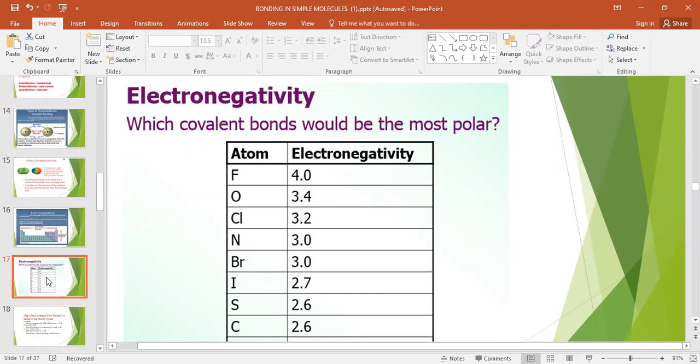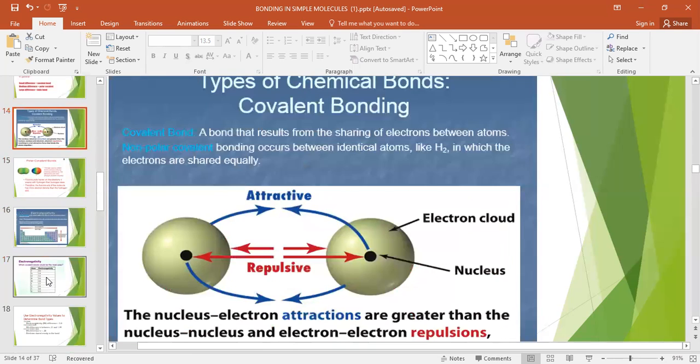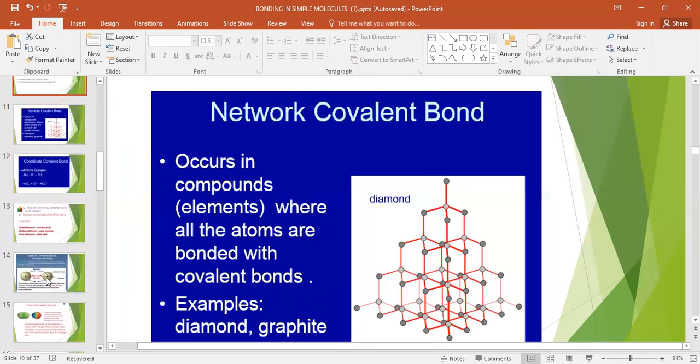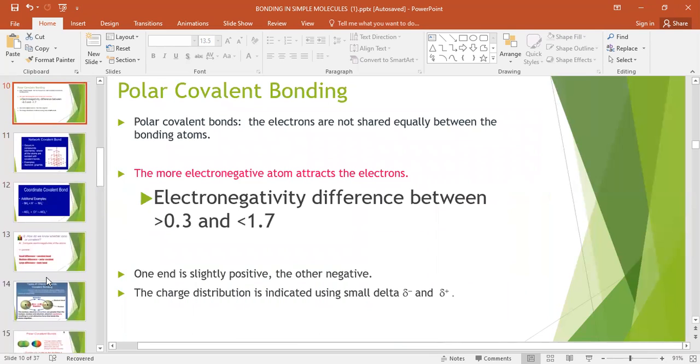So you have to write like this: 3.2 minus 2.2. What is your answer? 1. So it's polar. So this is the third difference between polar and non-polar. See, this value is between 0.3 and 1.7.